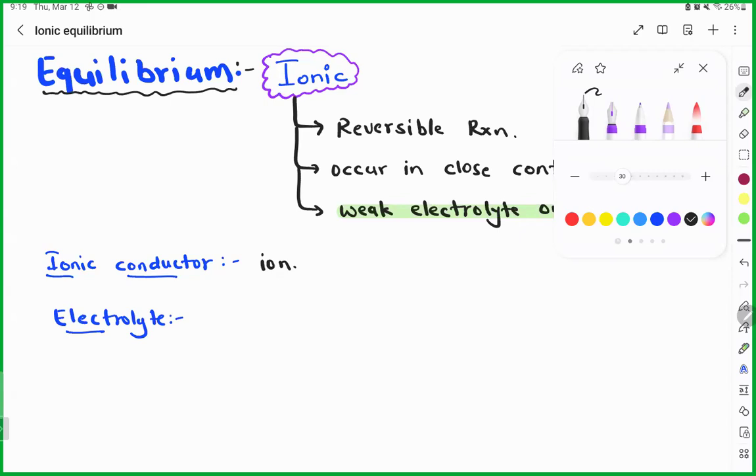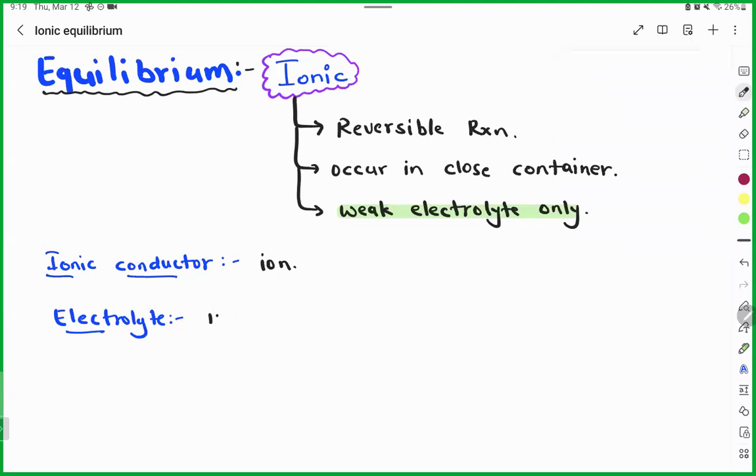In the presence of electricity, there is a formation of ions. Correct? Ion formation in the presence of current. Electrolytic cell. So current will break down a molecule into the ions.